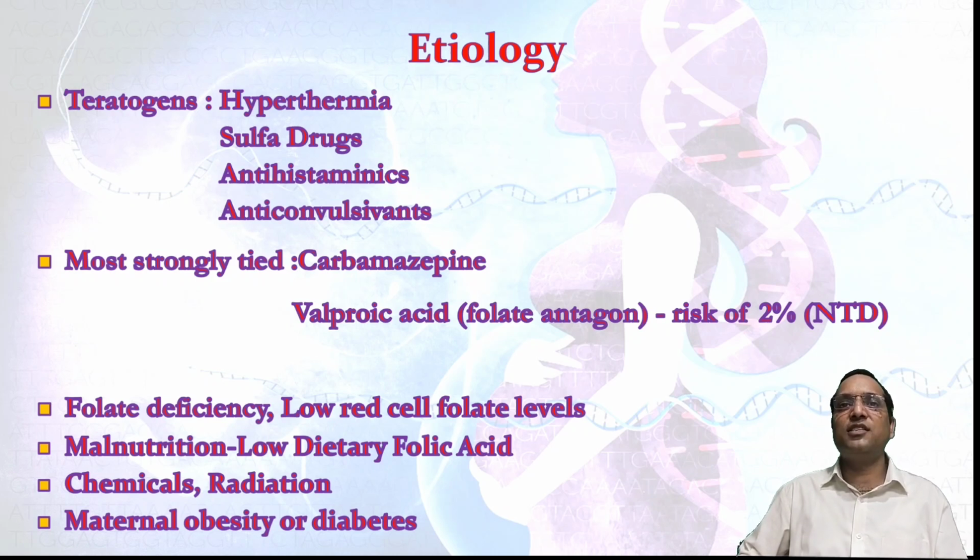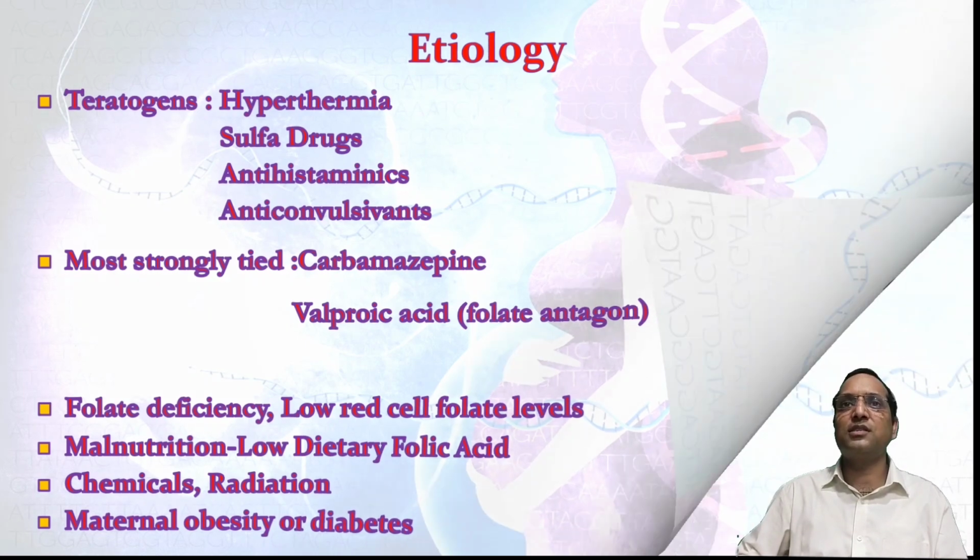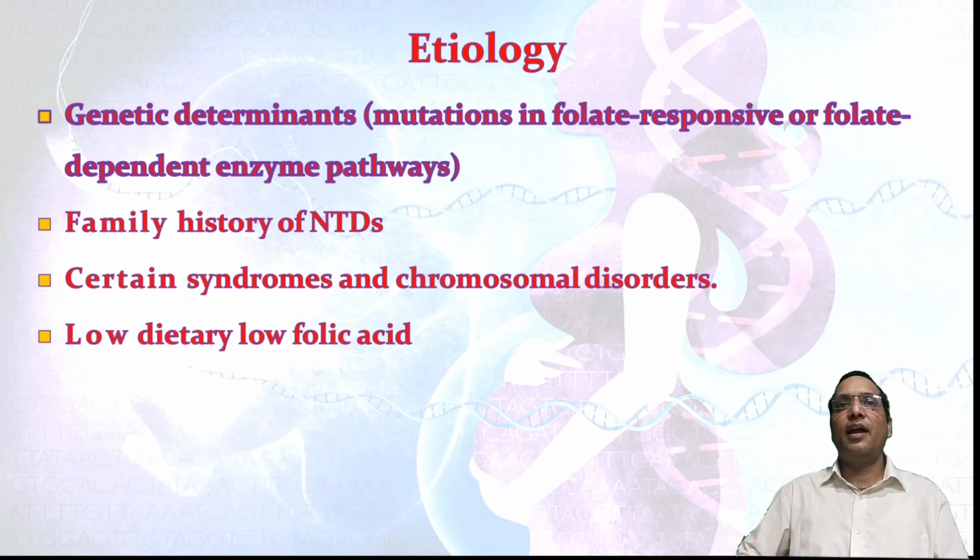Folate deficiency, low red cell folate levels, malnutrition, low dietary folic acid, chemicals and radiation, and maternal obesity and diabetes also cause neural tube defect. There are also genetic determinants and multiple causes which cause mutations in the folate-responsive or folate-dependent enzyme pathways.